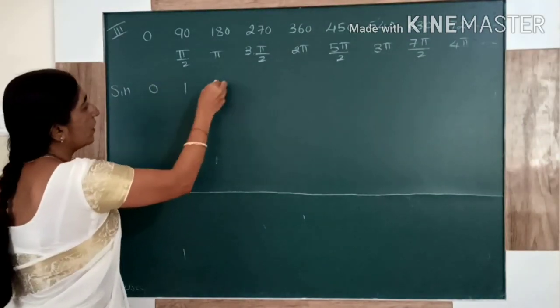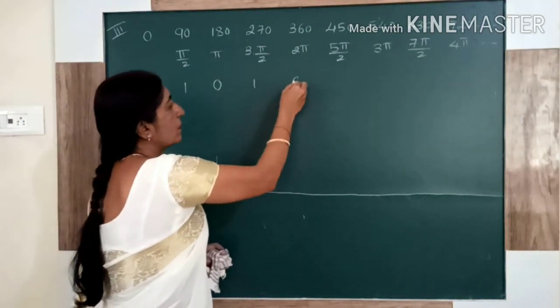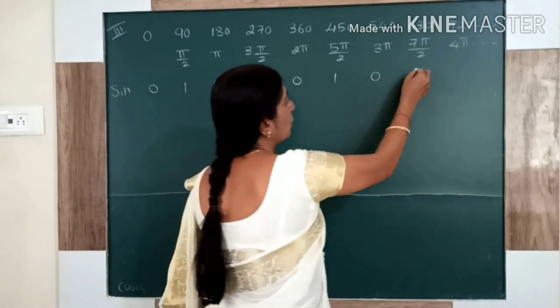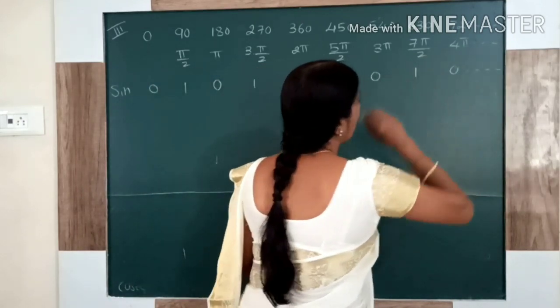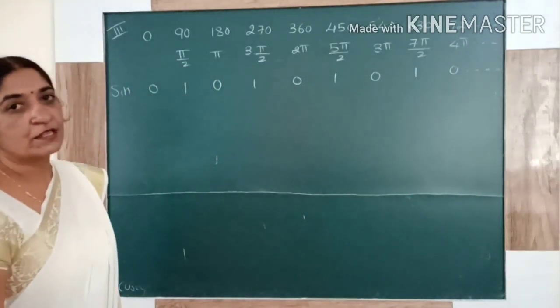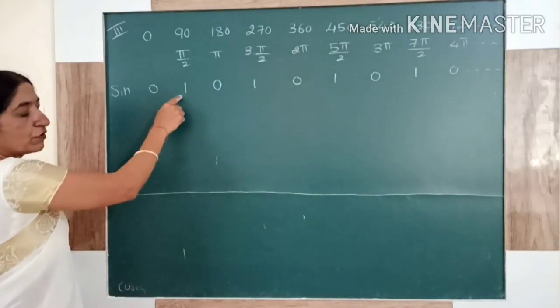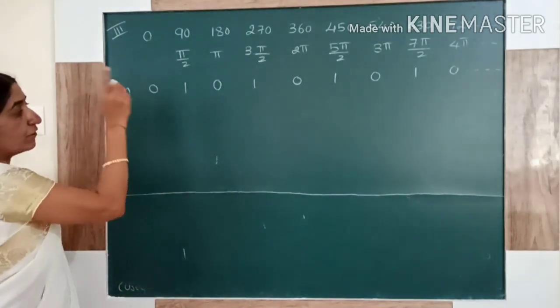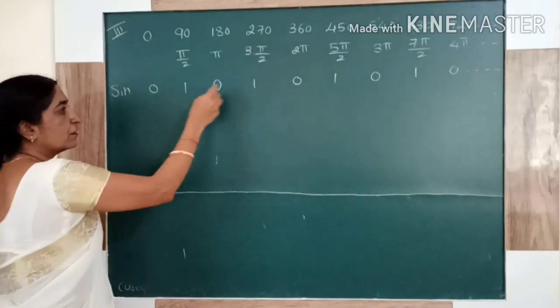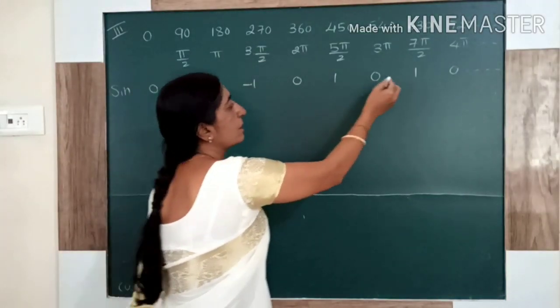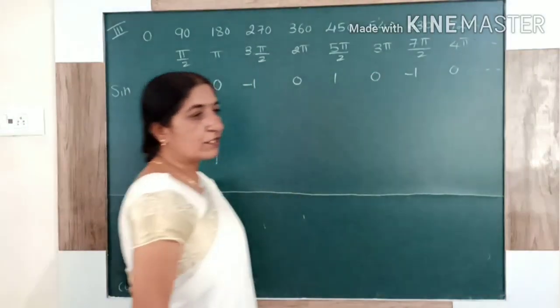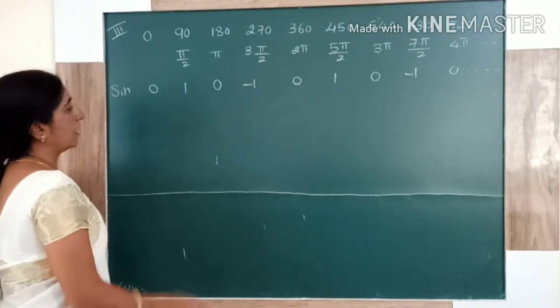0, 1, 0, 1, 0, 1, 0, 1, 0. It goes on continuing. After this, for 1, write the sign. First it starts with plus, plus, minus, and you know that no need to write plus sign.